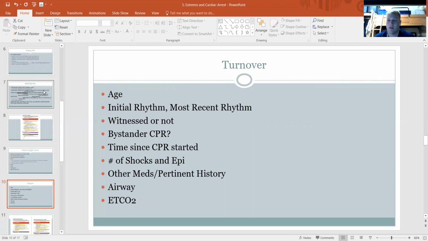Other medications and pertinent medical history. So if the paramedic gives additional medications, they would state that. You would state any additional history that you have that would pertain to this. What airway adjuncts are in use. And then end-tidal CO2, which again will be coming from the paramedic.